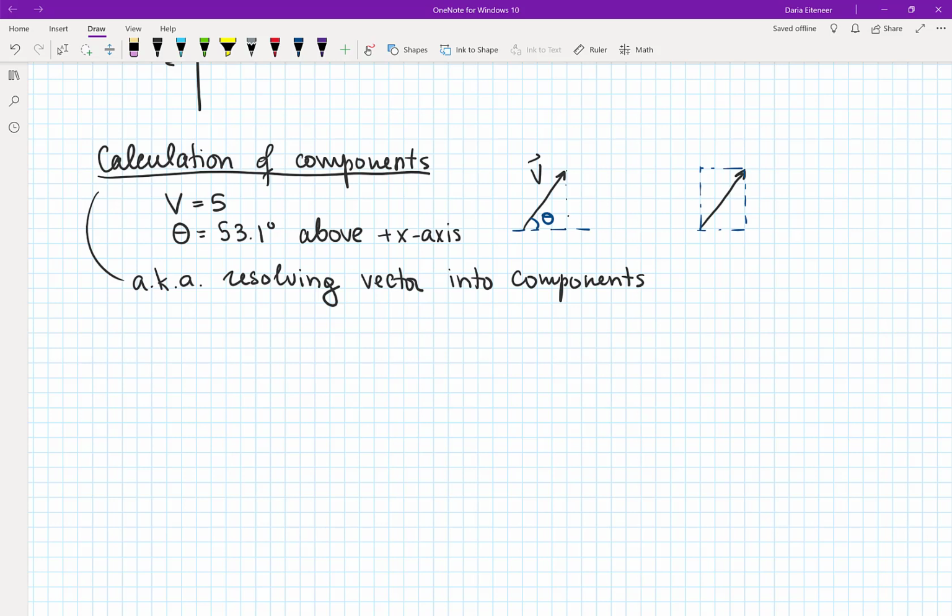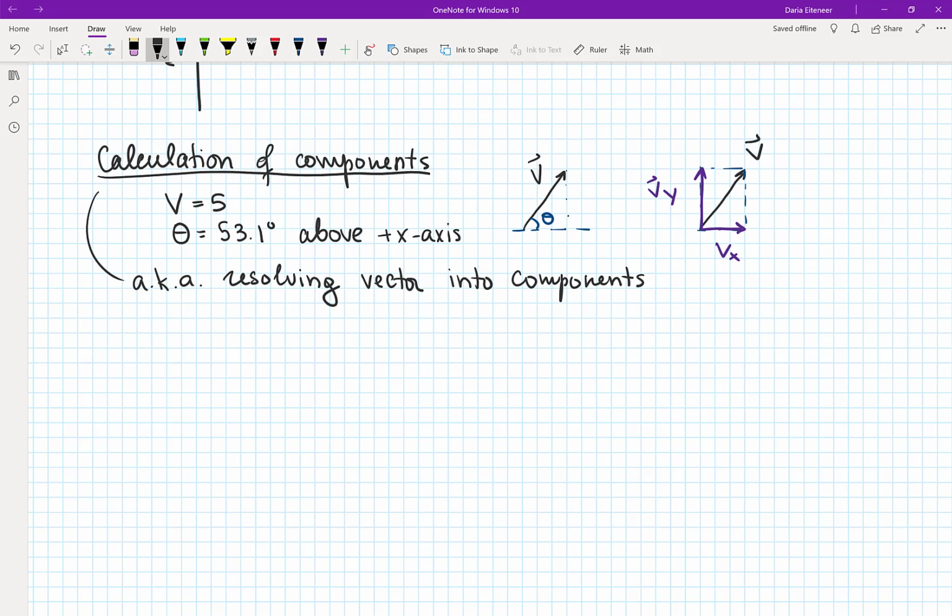Remember, I showed you the rectangle a little while ago? I'm drawing this rectangle in such a way that 2 of the sides are horizontal and 2 of the sides are vertical. And then I'm going to draw the x component like this, and the y component like this. And this, of course, is my original v.